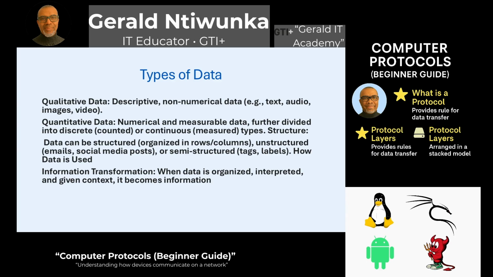First of all, let's talk about the types of data. Things like qualitative data and quantitative data. Qualitative data is non-numerical, like text, audio, images, and video. Then quantitative data is numerical, measurable data, though it is further divided into structured and unstructured.